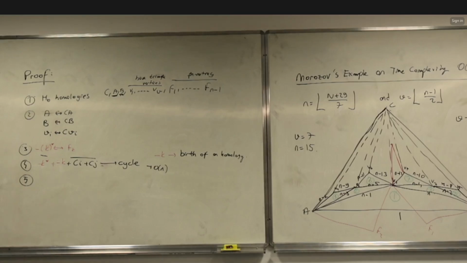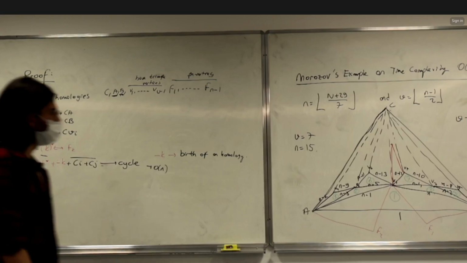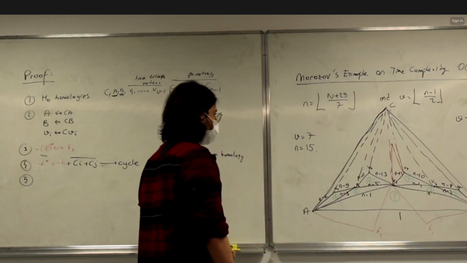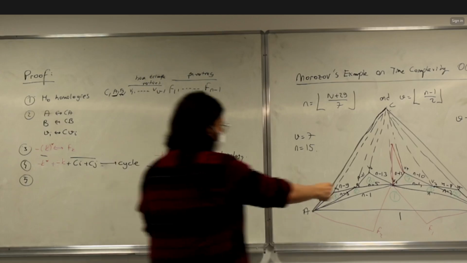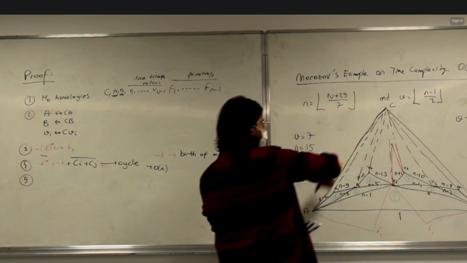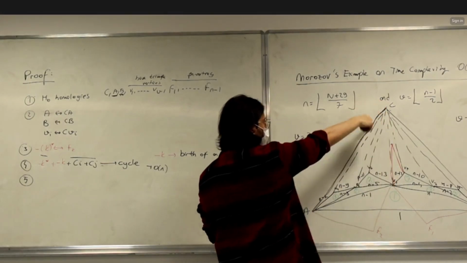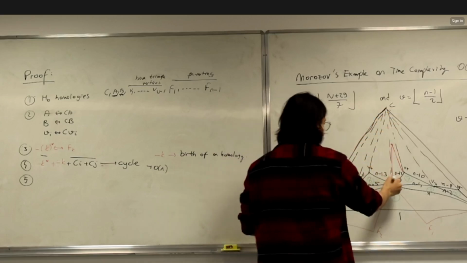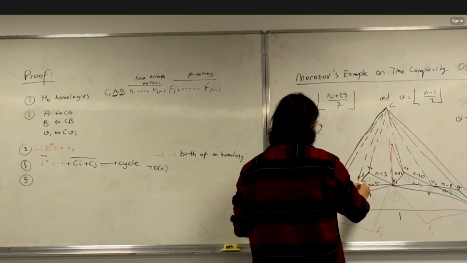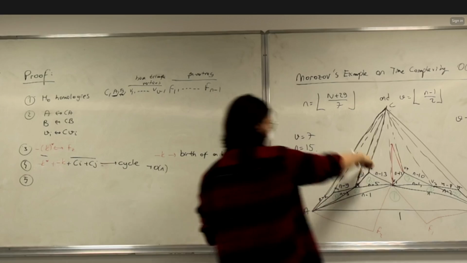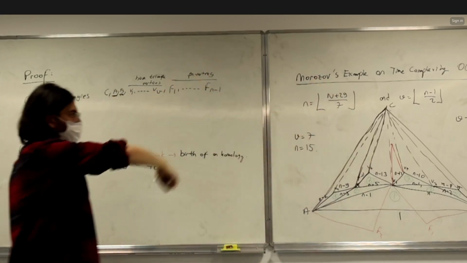So at the fifth step, you can see that they also create a homology too, because we have this edge here, and we also have all the C edges here, the edges with vertex C. So when we look at this, we also see that, for example, for this edge, this again creates a cycle here.